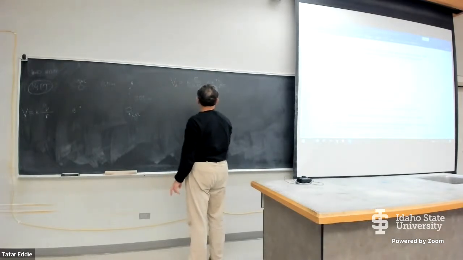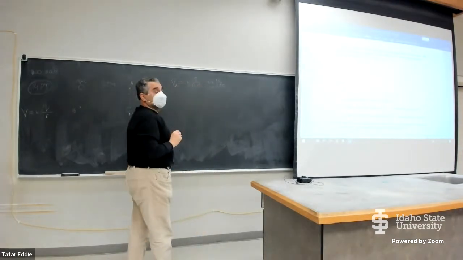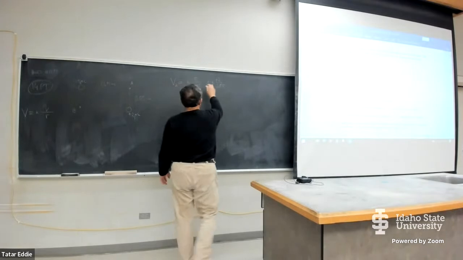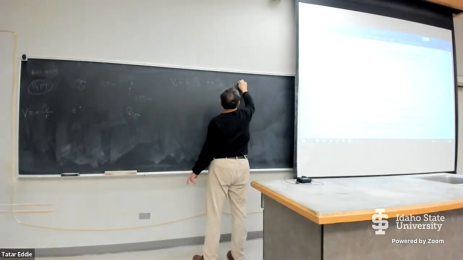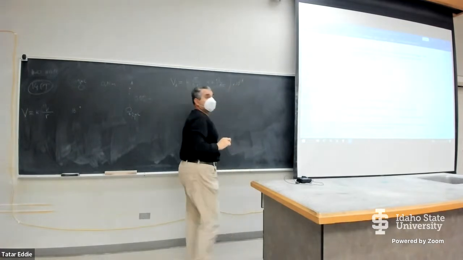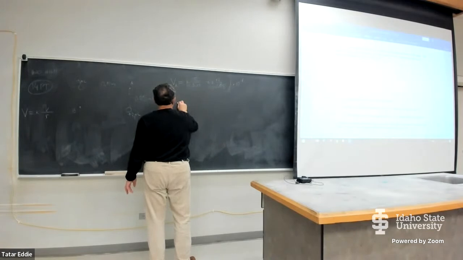Do you need to change the -5 and +2 to coulombs since they're microcoulombs? Yeah, we have to do this. Those are microcoulombs, so this is 10 to the -6, everything. Which again, you can simplify.